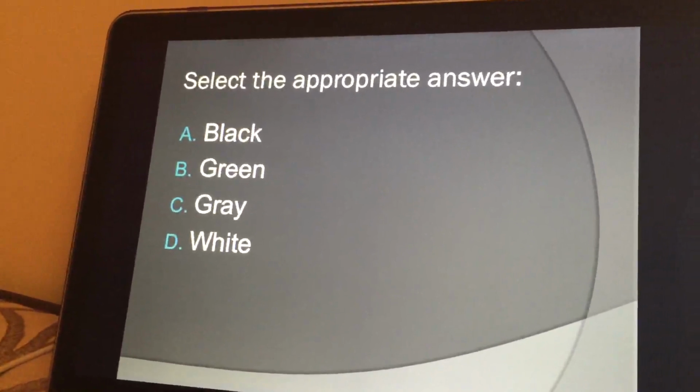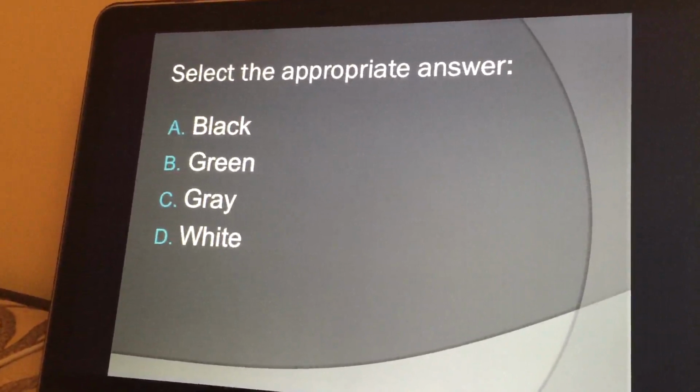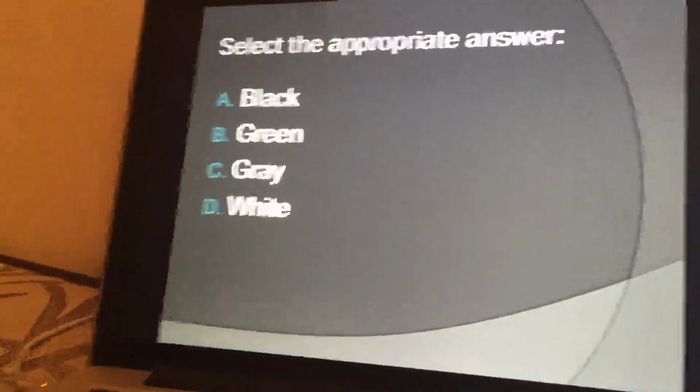And your options are A, black, B, green, C, gray, D, white.